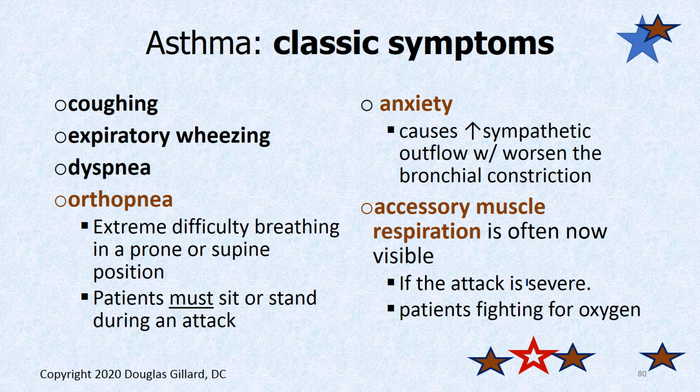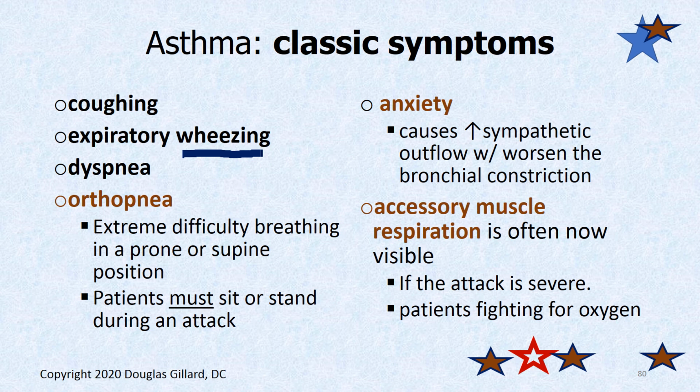What about the symptoms? We kind of talked about this: coughing, wheezing, expiration. Remember, a wheezing is that musical note, 440 hertz on expiration, not to be confused with choking. Dyspnea, orthopnea. What's orthopnea?